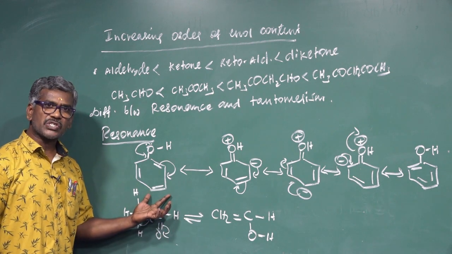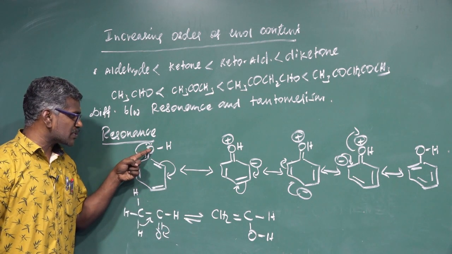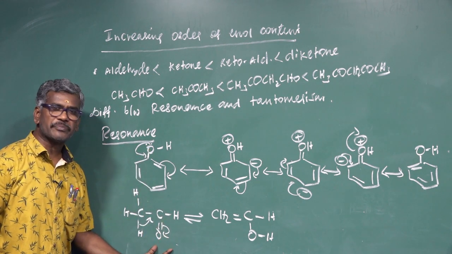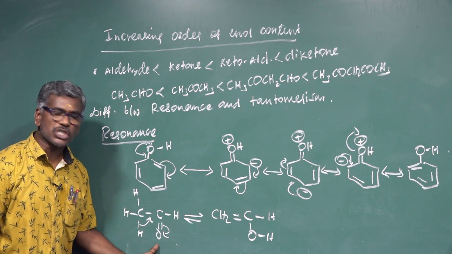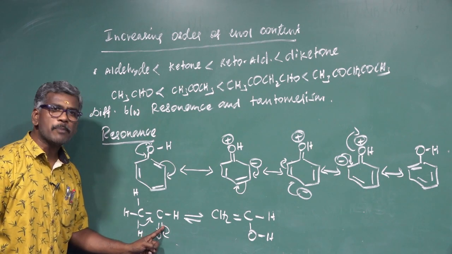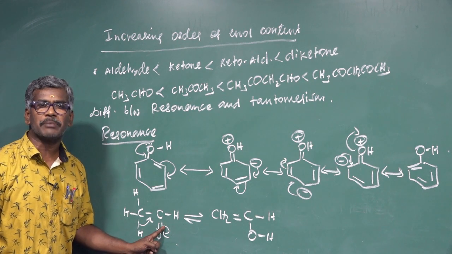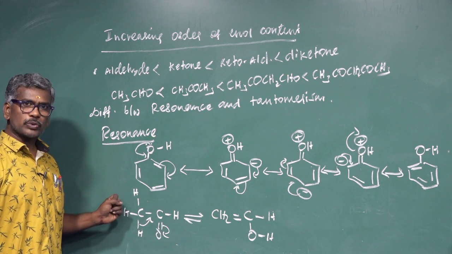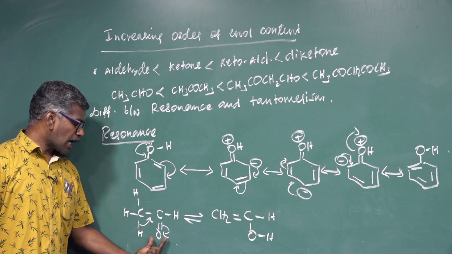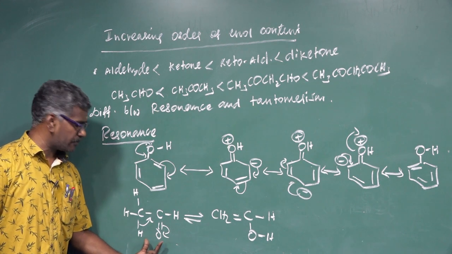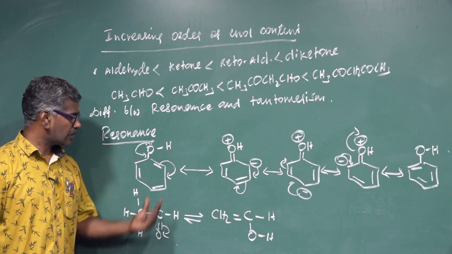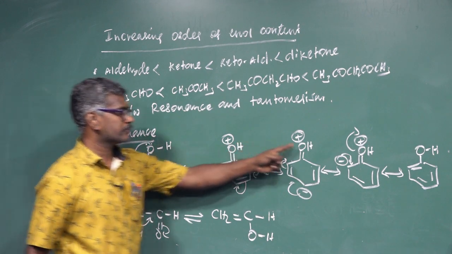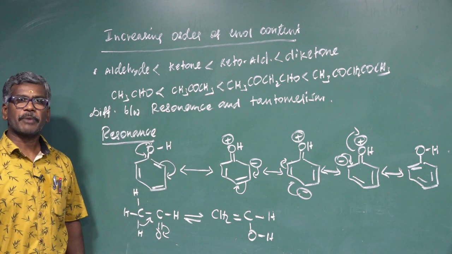In the resonance structure, the positions of atoms and the nucleus are fixed, while in tautomerism, simultaneous migration of hydrogen and pi bond takes place, 1,3 migration of alpha hydrogen. This is point number 1. Point number 2: tautomerism forms different functional groups, keto and enol form, but resonance structures are formed by the same functional group. This is point number 2.